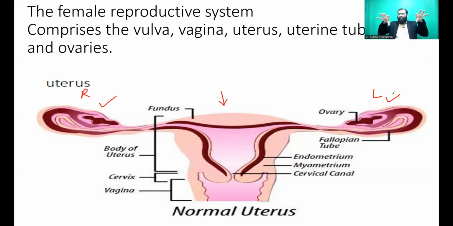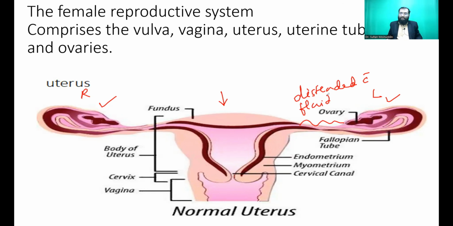Second important thing is that these ovaries are located just adjacent to the uterus and you won't be able to see the fallopian tube. Normally, the fallopian tube is not seen on ultrasound. But if it is distended with what? Fluid.